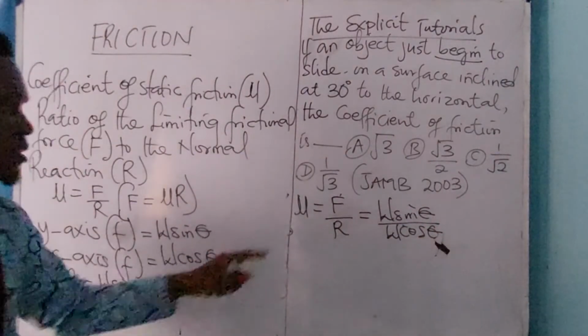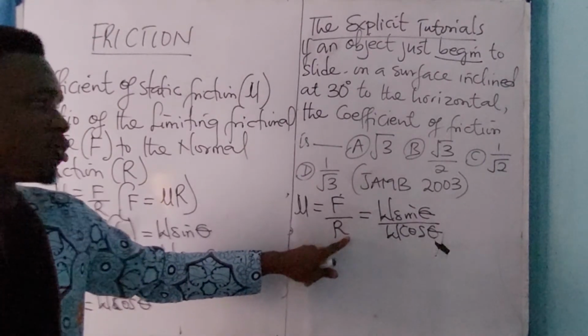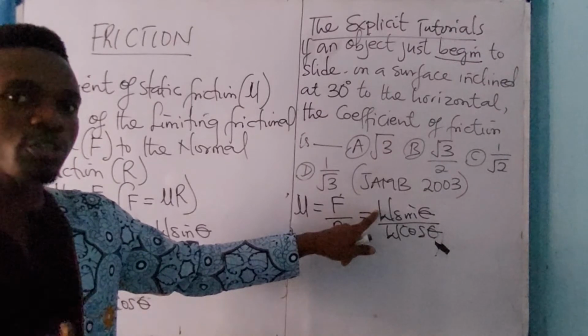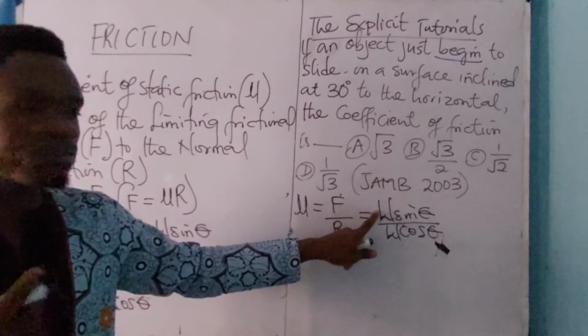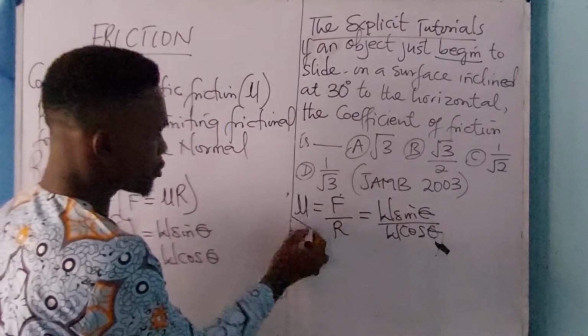It therefore means that the normal reaction is towards the horizontal plane, while the frictional force or the limiting frictional force is always to the vertical axis. Please take note of that.